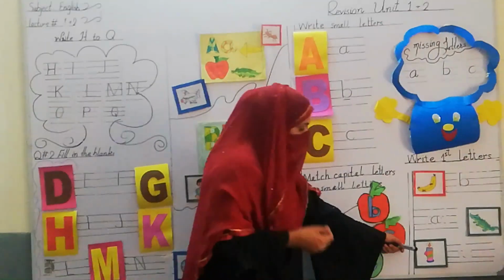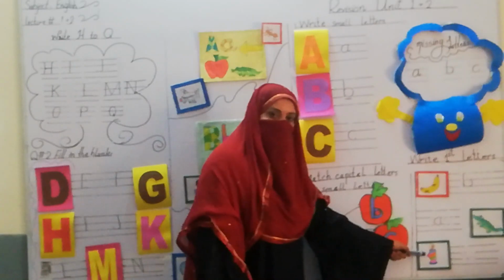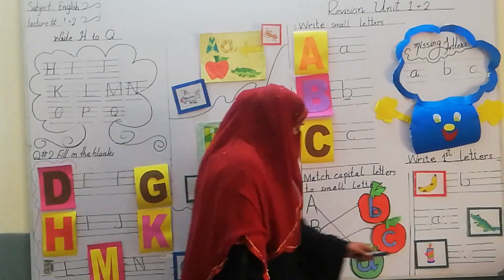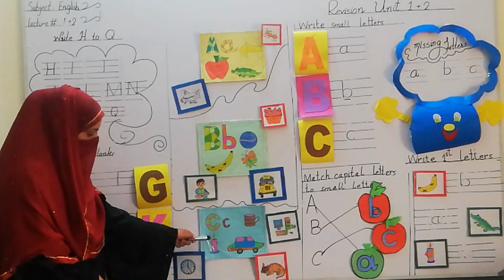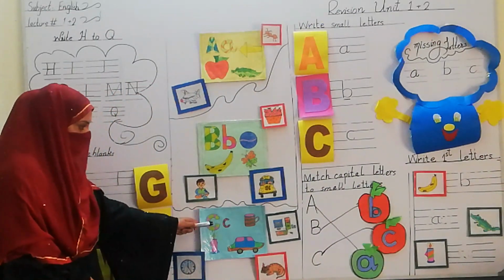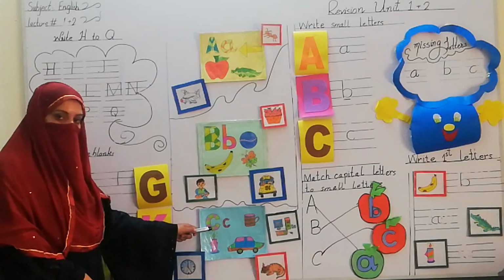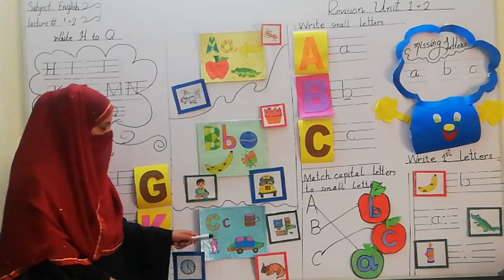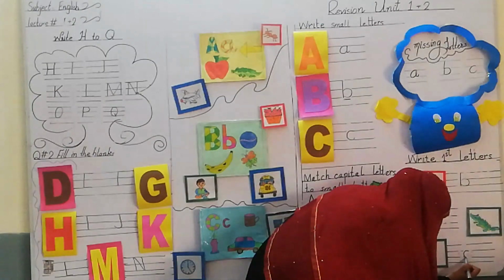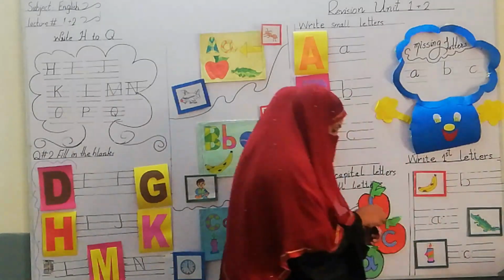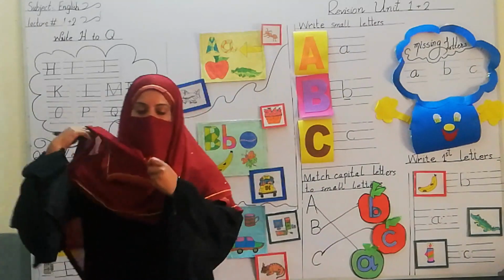Can you tell me what is this? Candle. Find out the candle. This is a candle. Right here C.